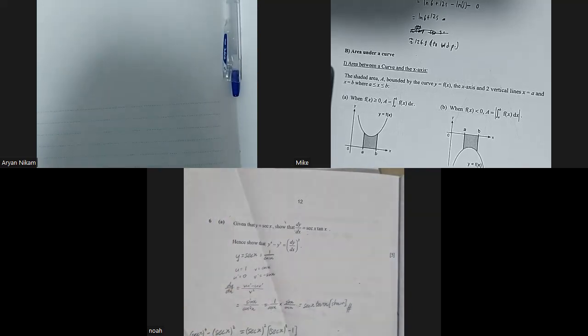So how am I supposed to find this more complicated area? I'm supposed to integrate y dx. But which more complicated area? The second one. Oh, okay, it's more complicated than the first one. So how do we integrate this so that we get this area?